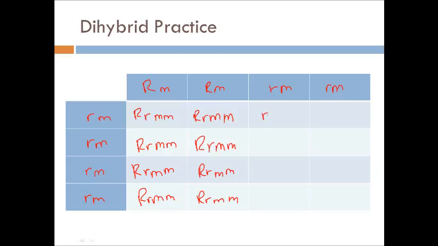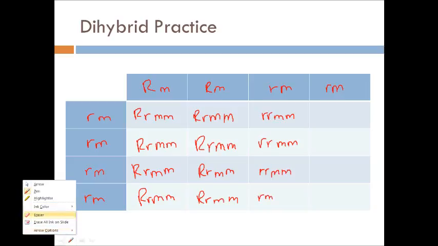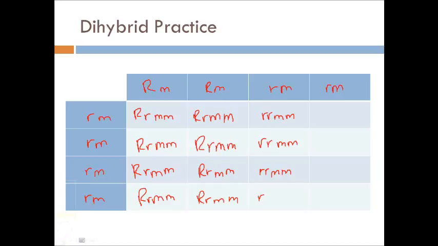Now for this column we're going to have two little r's, two little m's. Again, every row is the same because the combinations are the same. So we are just going to write the same thing down each column. Again, the fourth column is the same as the third because the combinations are the same.